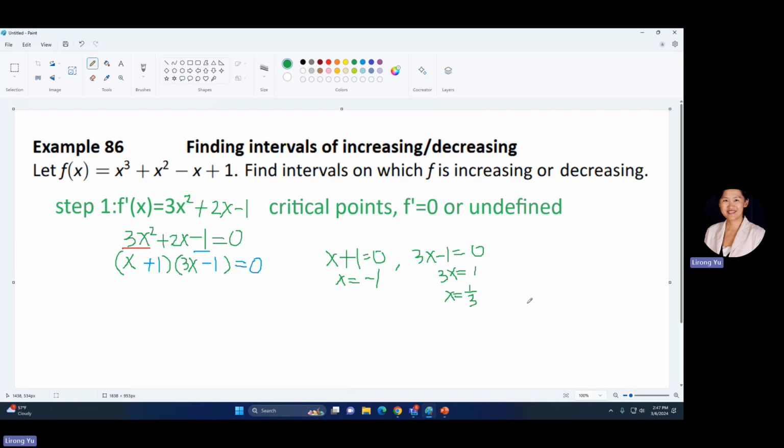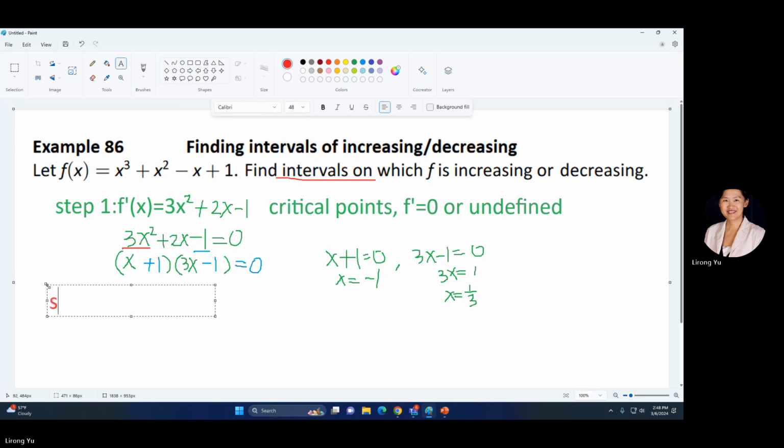All right. A polynomial has a domain, which is negative infinity to positive infinity. Step 2, we're trying to determine the intervals. The question says find the interval on which it's increasing or decreasing, so you have to know what the intervals are. In the second step, we try to construct the intervals, and an interval is really part of the number line.